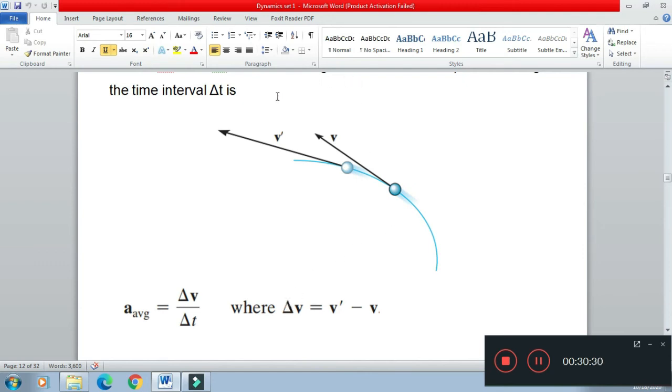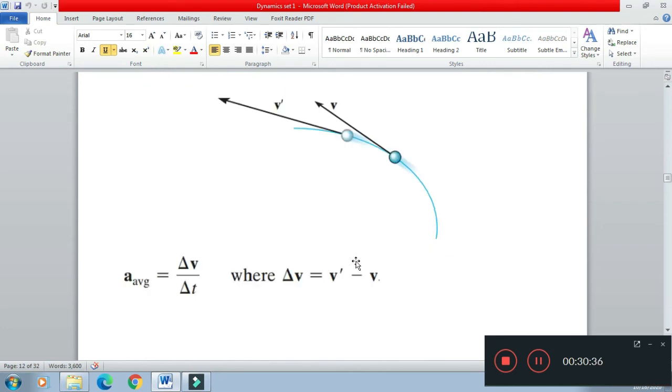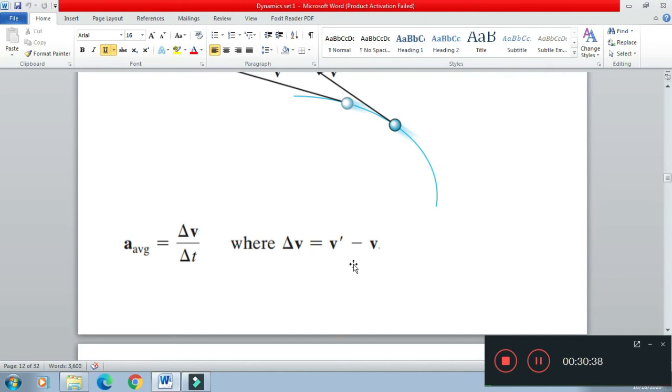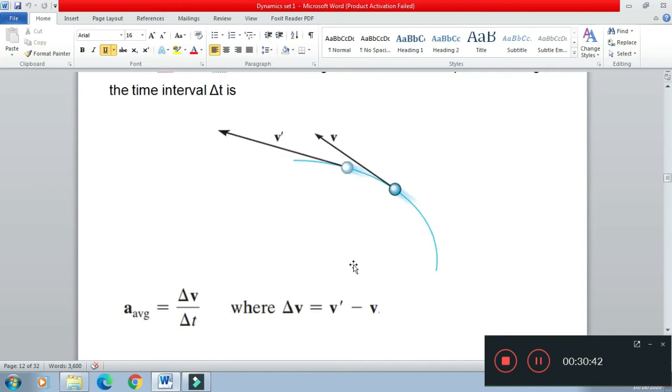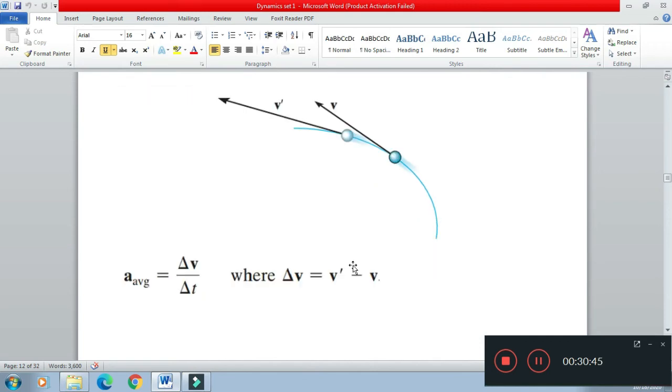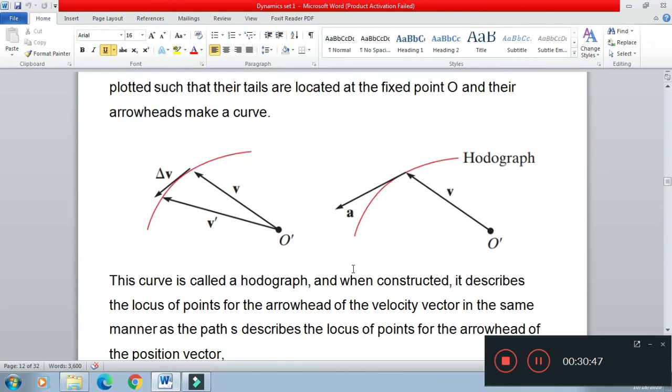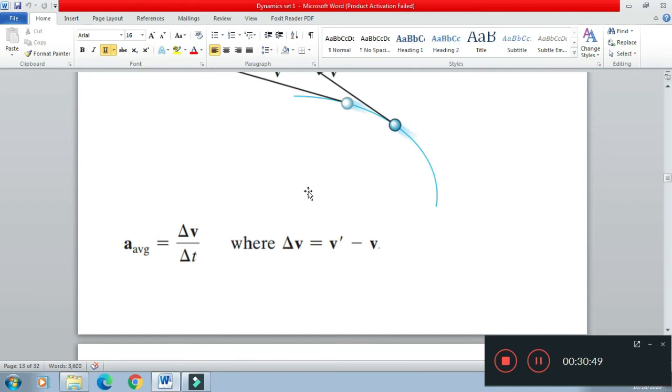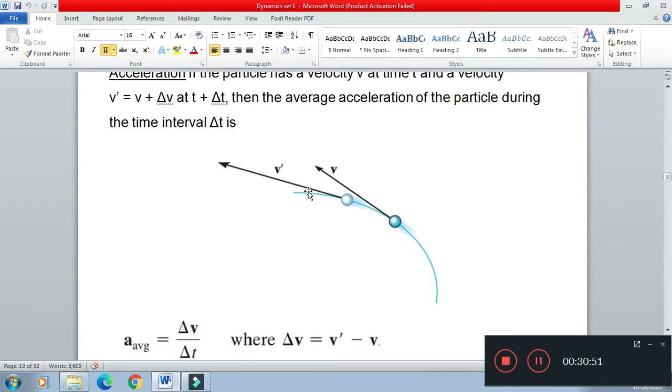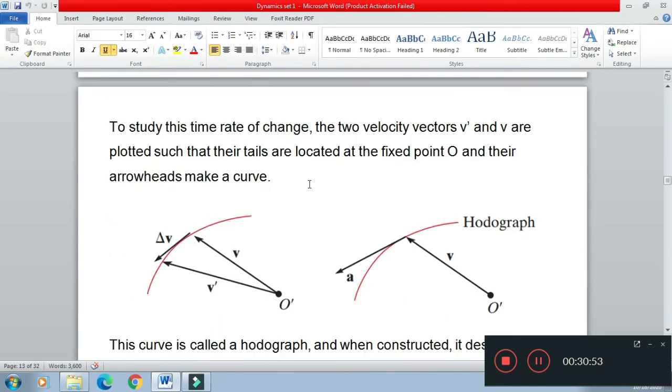Now how will we calculate the value of delta v? Delta v is v dash minus v. From the background of basic physics, we know that for calculation of delta v, we have to join the tails of the velocities. We join the tails of the velocities and the difference will be delta v.